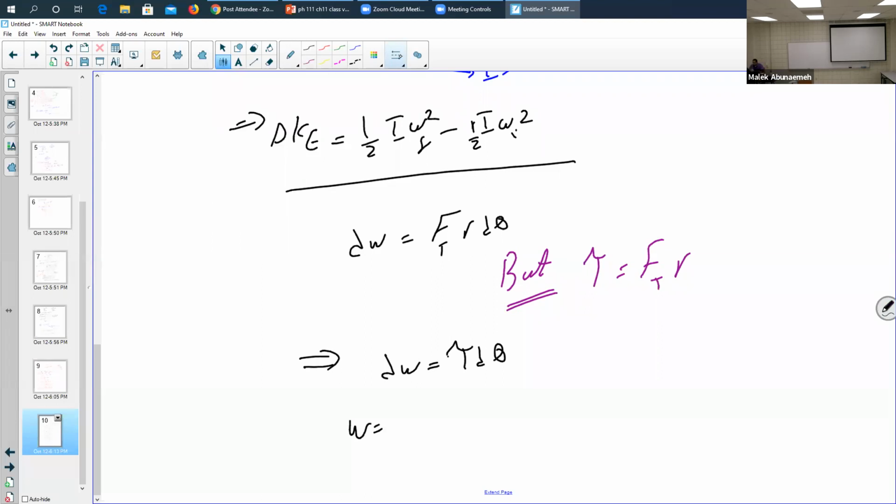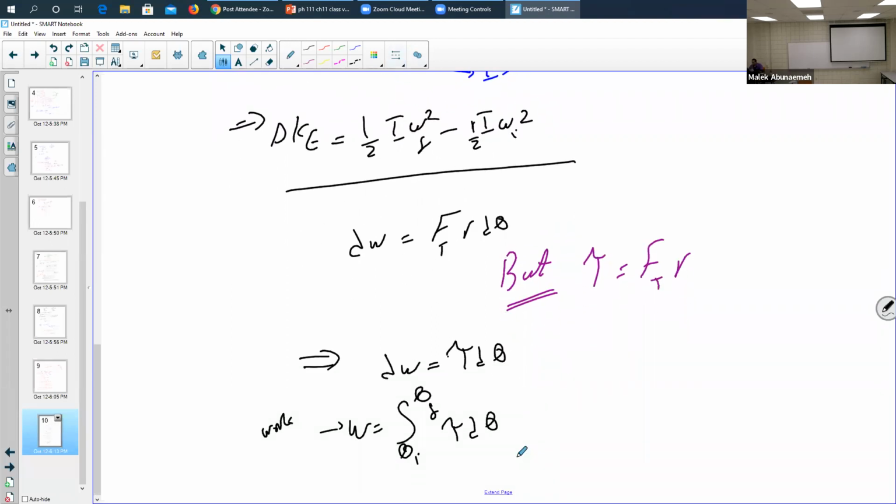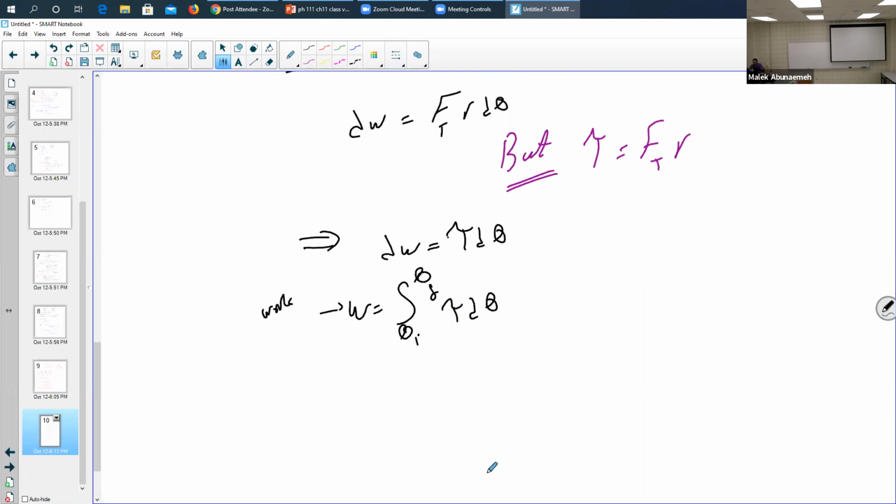And we said that means your work equals the integration from theta I to theta F of tau d theta. That means your work is going to equal your torque multiplied by theta F minus theta I.